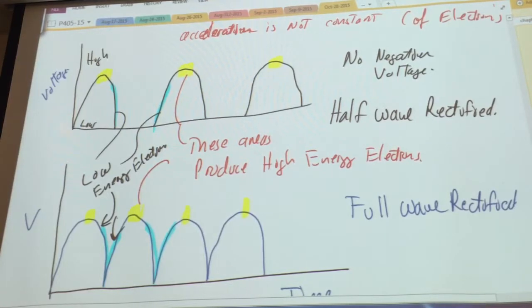So you see that this voltage waveform, that you had very little interest in until now, produces both high energy electrons and low energy electrons.